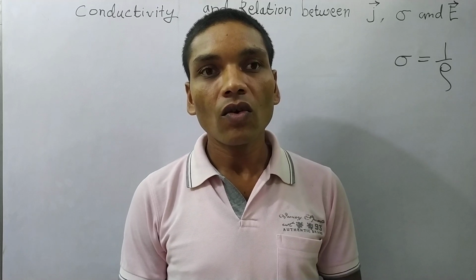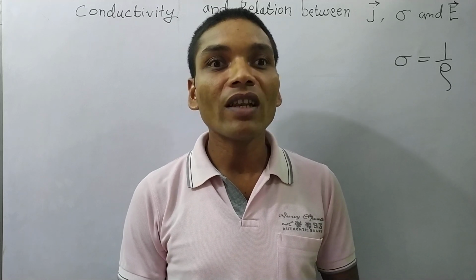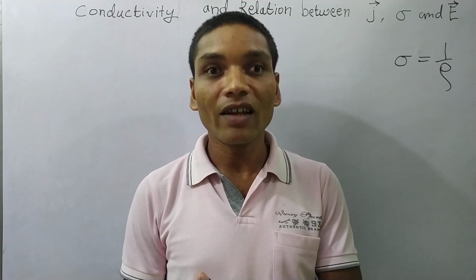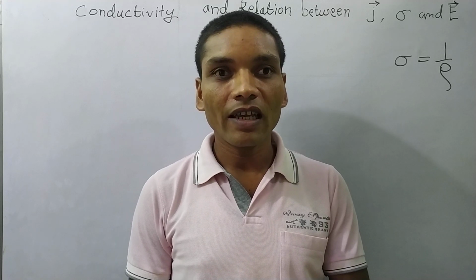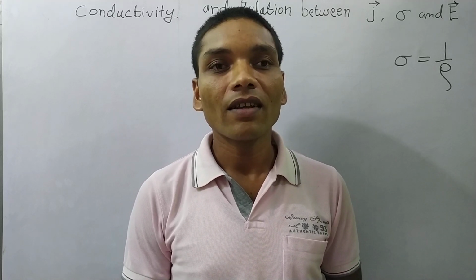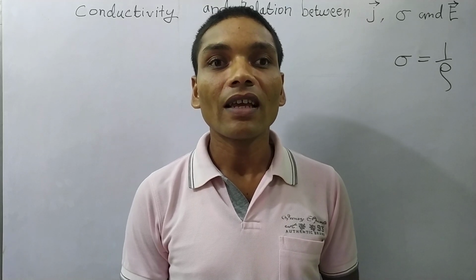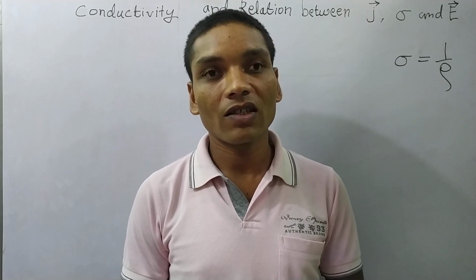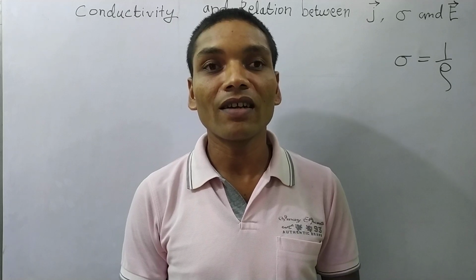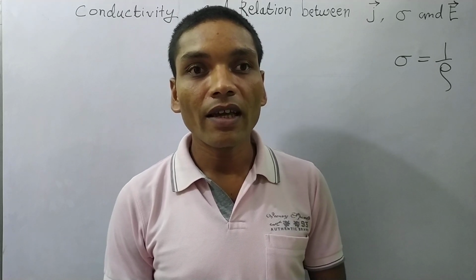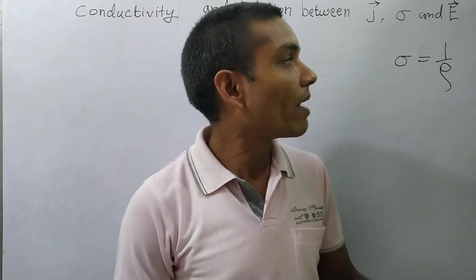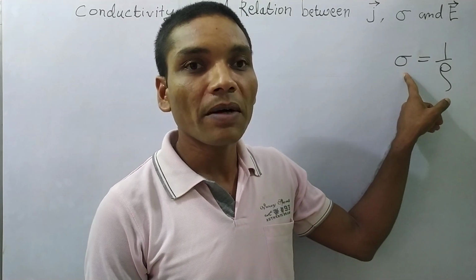So what is the relation between resistivity and conductivity? The conductivity of any conductor is the reciprocal of the resistivity of that conductor. Here the conductivity is denoted by the letter sigma.